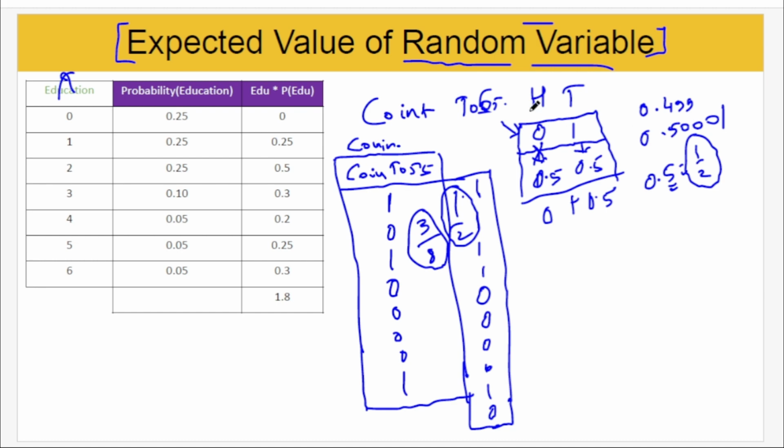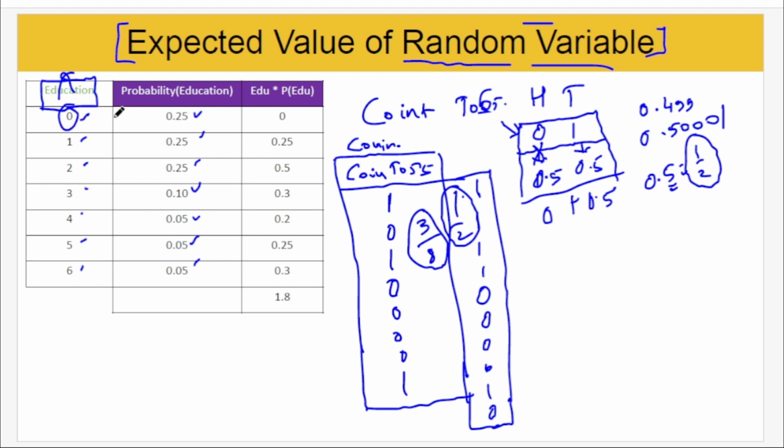Now, can you calculate the expected value for my random variable education, which takes the values 0, 1, 2, 3, 4, 5 and 6 with probabilities 0.25, 0.25, 0.25, 0.10, 0.05, 0.05, 0.05? How are you going to calculate this?